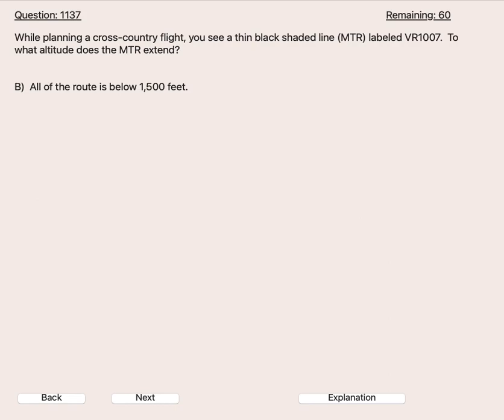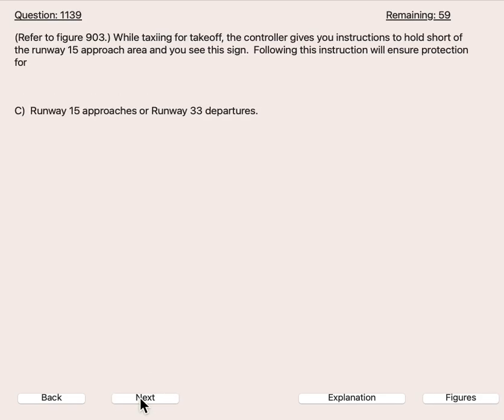Example, VR207. Alternate IR or VR routes or route segments are identified by using the basic route designation followed by a letter suffix. Example, VR1007B, etc. So if there's 4 numbers, it's 1,500 feet or below. Make sure to study this one again.